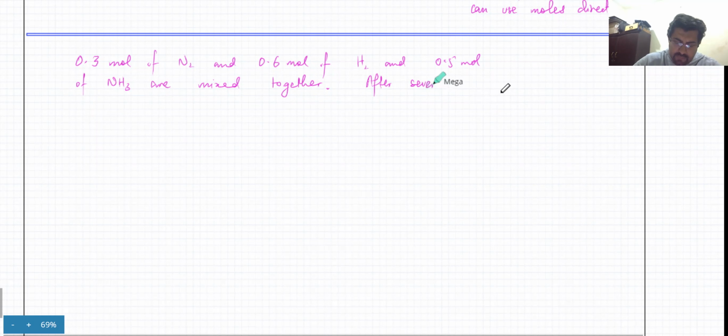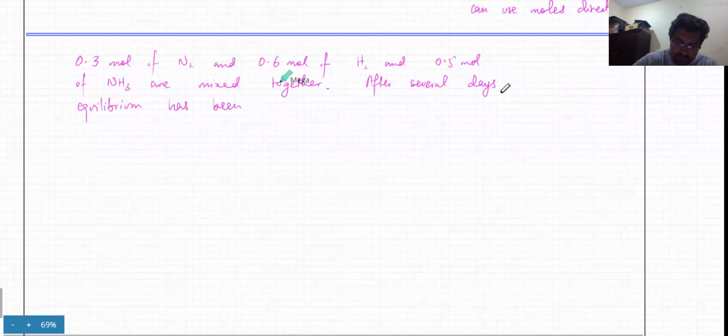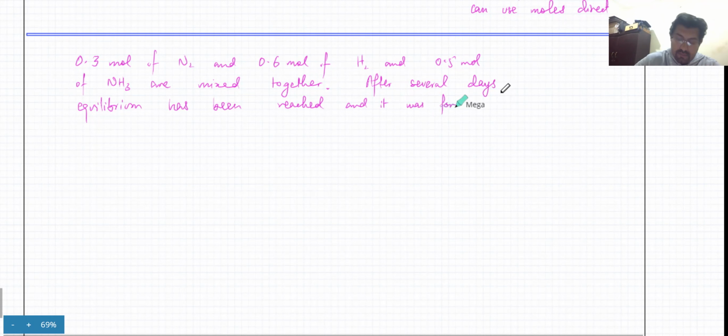So after several days, when equilibrium has been reached and the rates of forward and backward reaction are equal, it was found that at equilibrium, 0.45 moles of N2 were present.